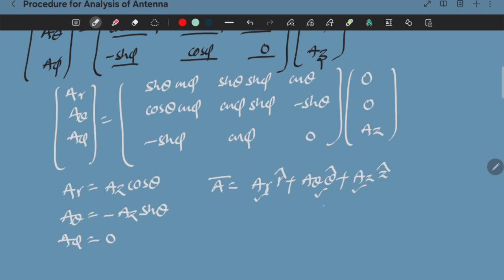We need 3 components, but here only 2 components are non-zero, the last one is 0. So I can write AZ cos theta R cap minus AZ sin theta theta cap. And the phi component here is 0.